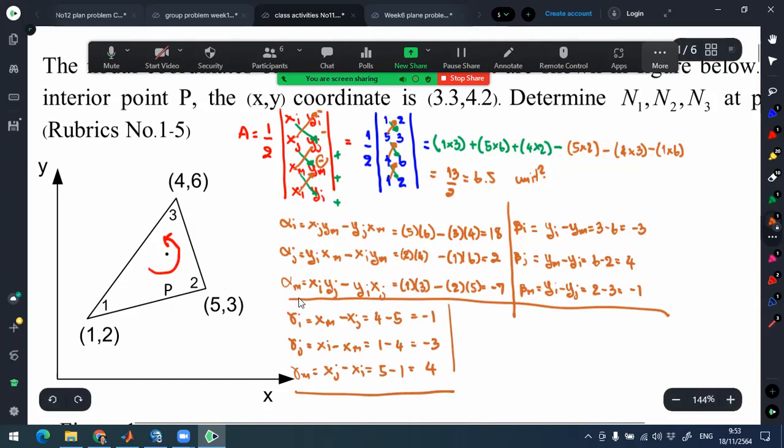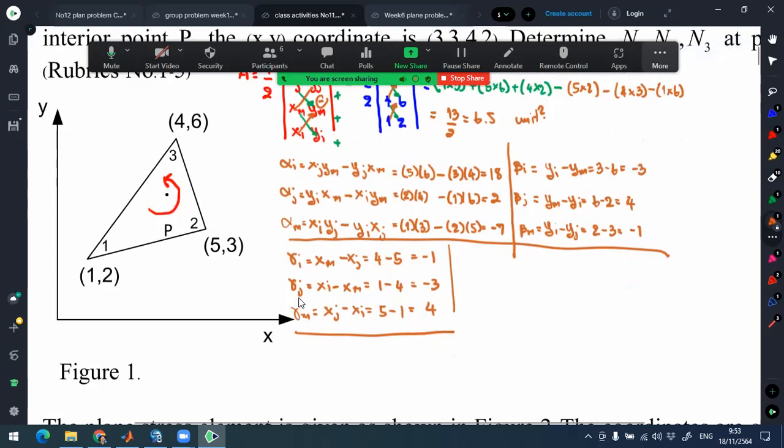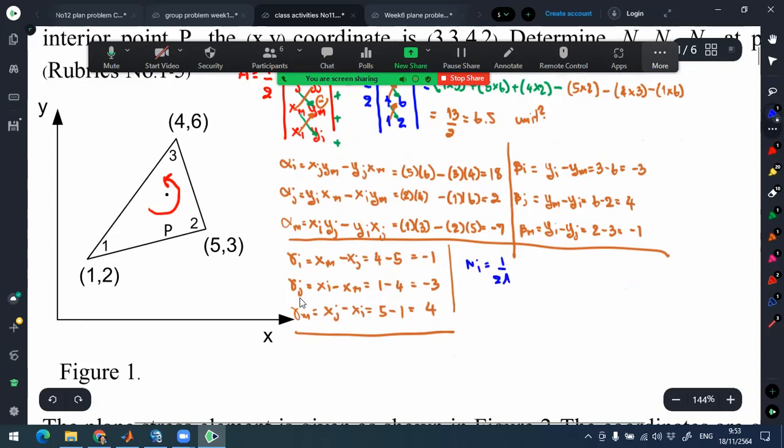Then we determine Ni, Nj, and Nm. Ni is equal to 1 over 2A times alpha i plus beta i x plus gamma i y.